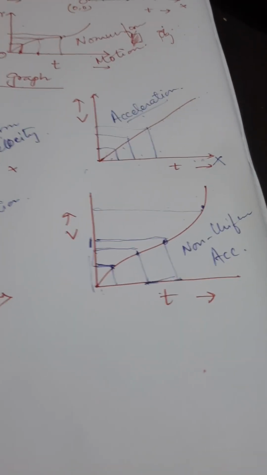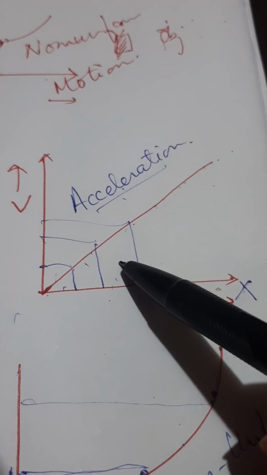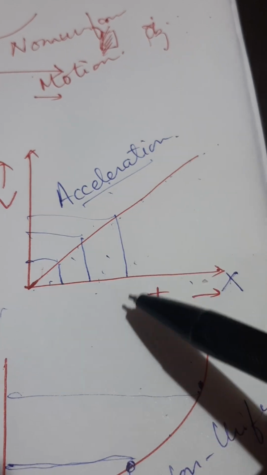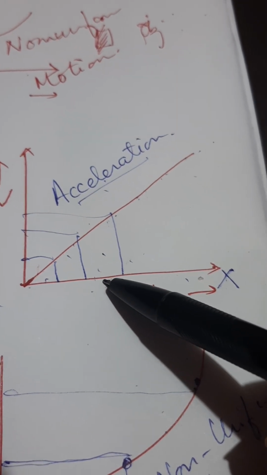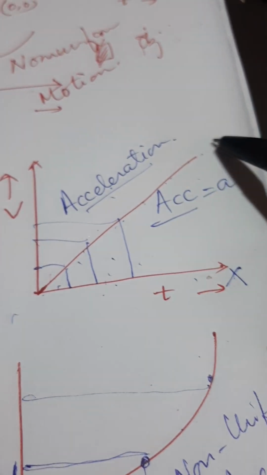Now, one additional piece of information which I think you all know. From this graph, we can calculate the change in velocity per unit change in time. I mean to say, we can calculate acceleration a from the slope of this curve.